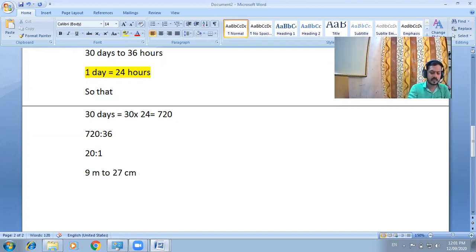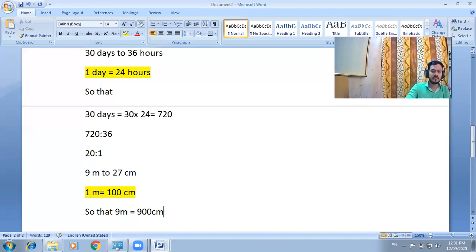We know that 1 meter equals 100 centimeter. So 9 meter equals 900 centimeter.